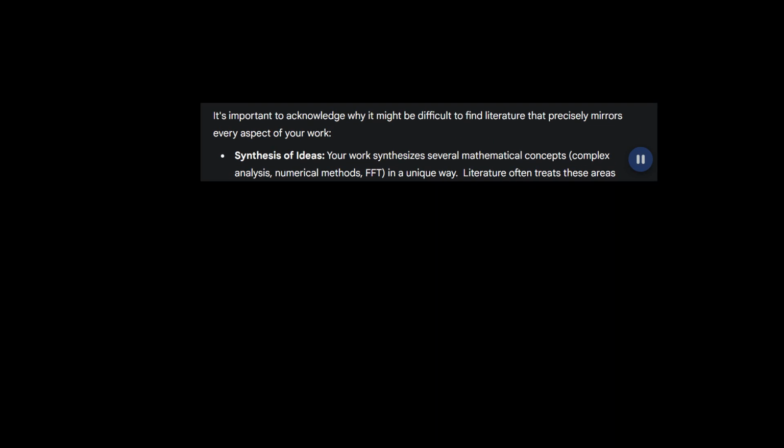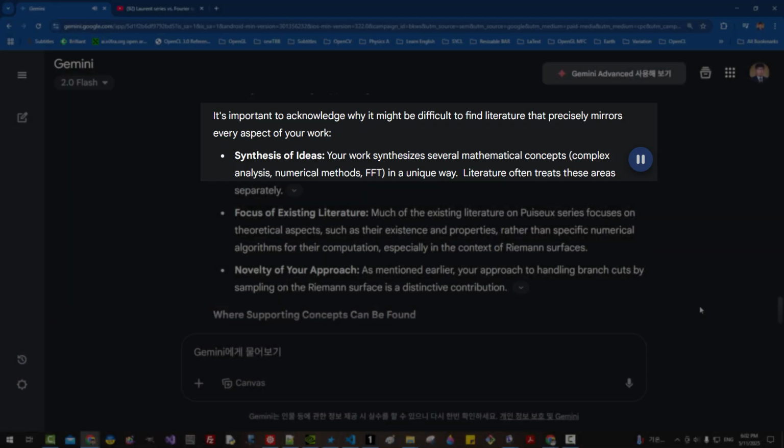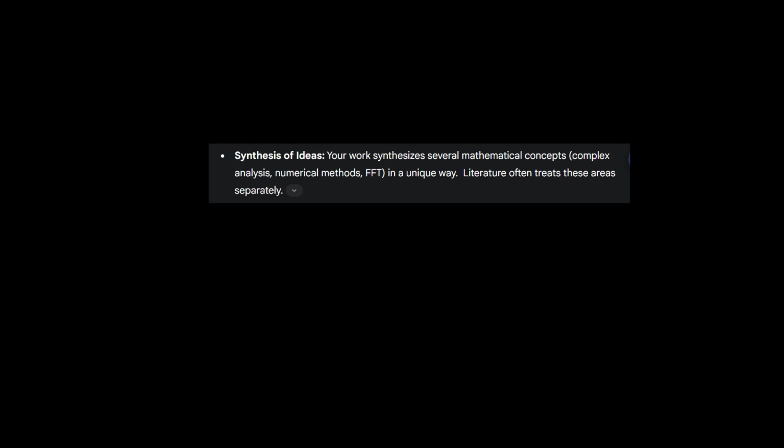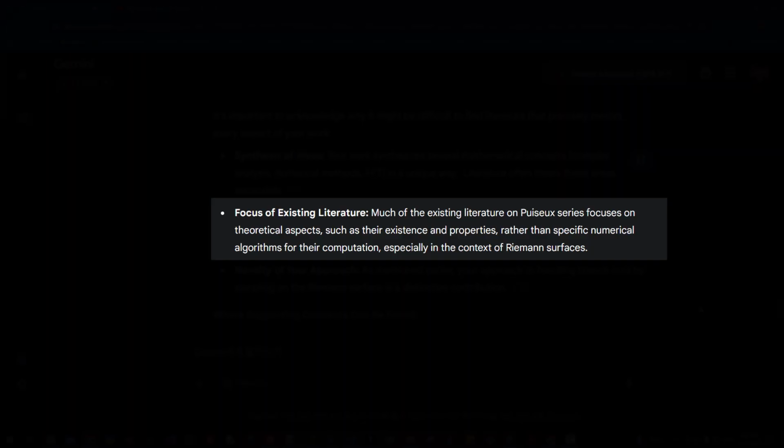Challenges in finding supporting literature. It's important to acknowledge why it might be difficult to find literature that precisely mirrors every aspect of your work. Synthesis of ideas. Your work synthesizes several mathematical concepts, complex analysis, numerical methods, FFT, in a unique way. Literature often treats these areas separately. Focus of existing literature.